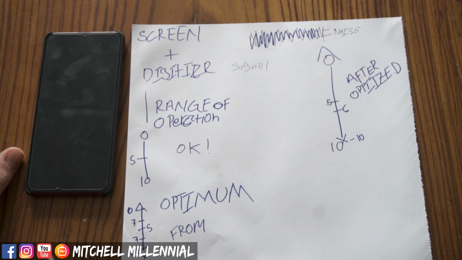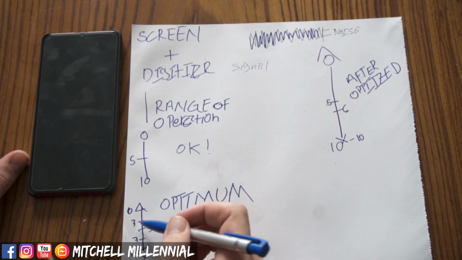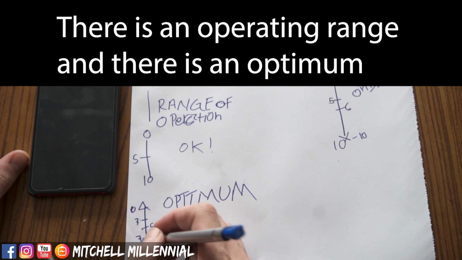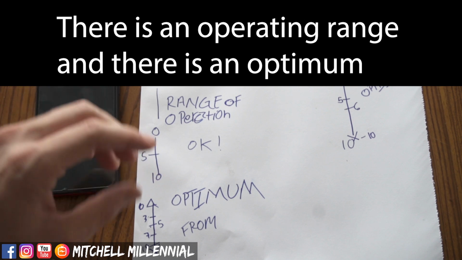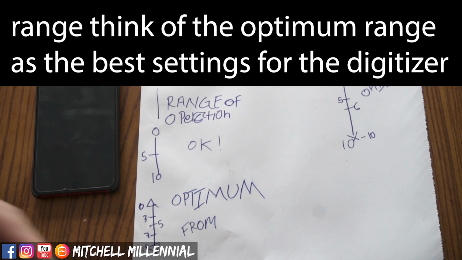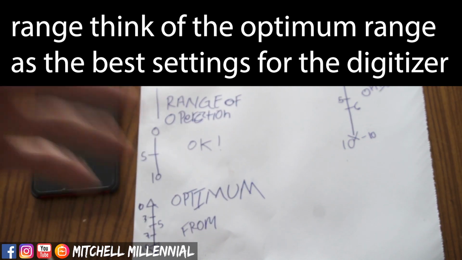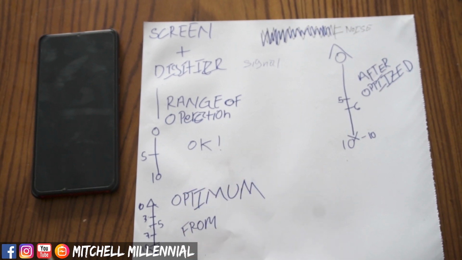But the digitizer will have an optimum range, right? Which let's say is from 3 to 7. It will operate from 0 to 10, but it will operate at its best at a level from 3 to 7. That is the optimum range for it to operate at.